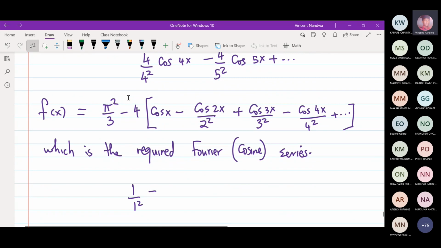So the series we have to find is 1 over 1 squared minus 1 over 2 squared plus 1 over 3 squared minus 1 over 4 squared plus other terms. And I told you to discover how you are supposed to evaluate such problems.